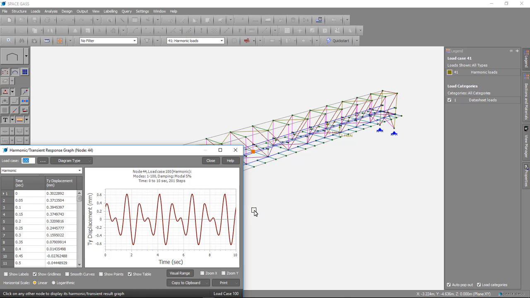So strictly speaking, instead of analyzing for 10 seconds, I could have just analyzed for say 3 seconds and just captured one cycle, because really after that first cycle it's just more of the same. The main reason you would do multiple cycles is just so that the animation runs for a bit longer and you get a smoother animation.